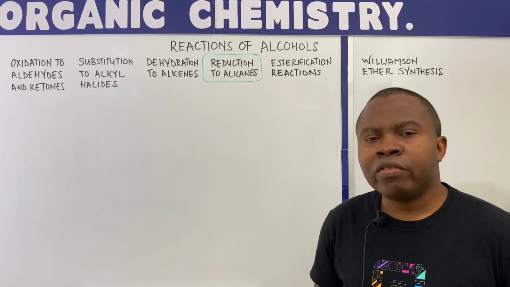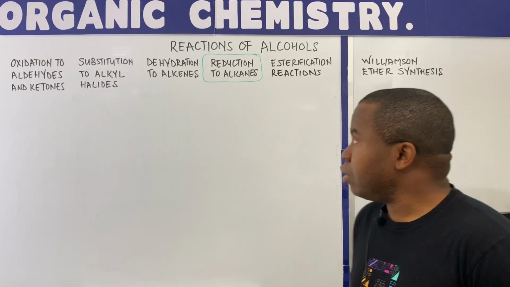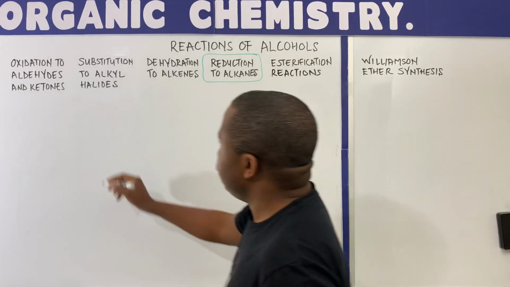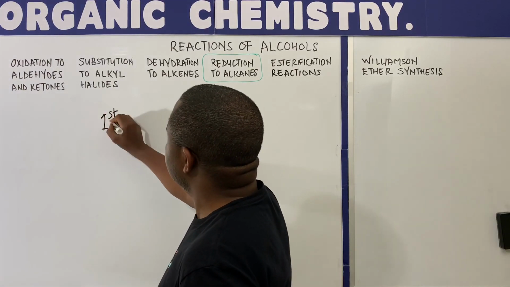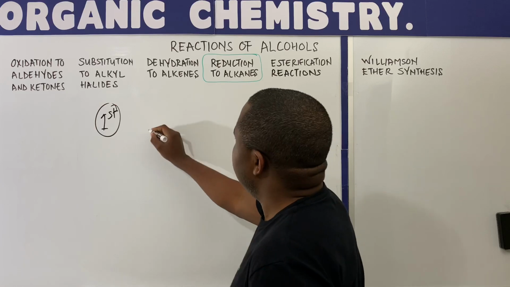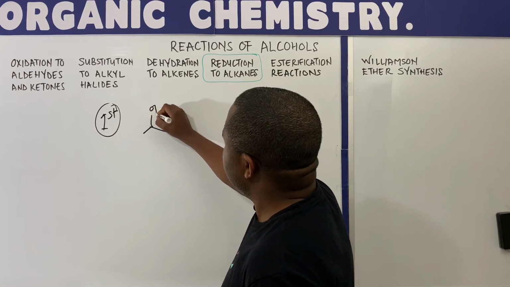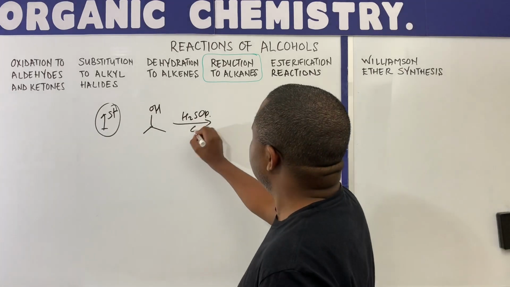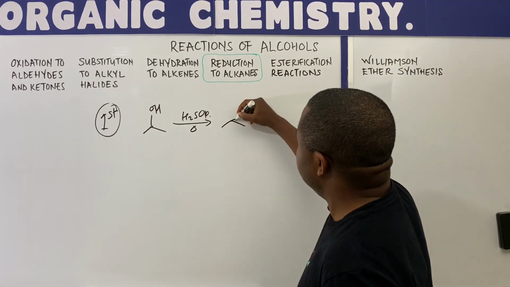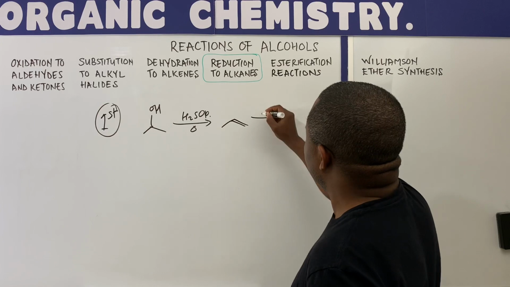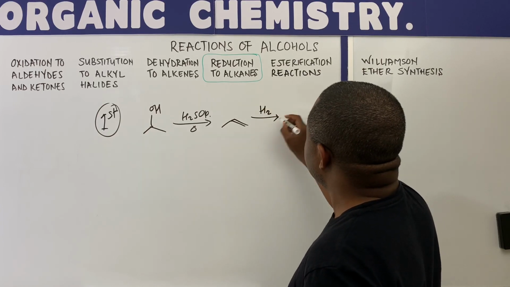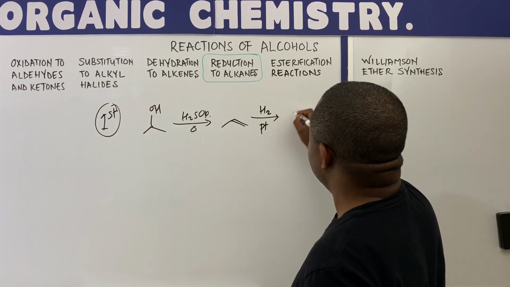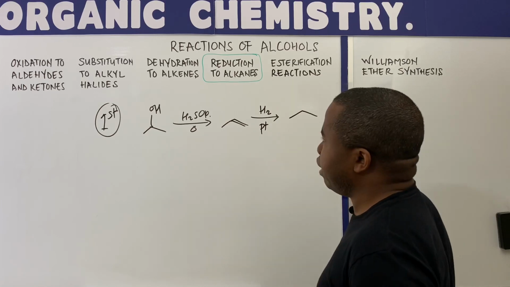Alcohols can also be converted to alkanes, and I'm going to discuss 2 methods that we can use to accomplish that transformation. The first is dehydrating the alcohol to form an alkene, and then subjecting the alkene to hydrogenation in the presence of a platinum catalyst to form the alkane.